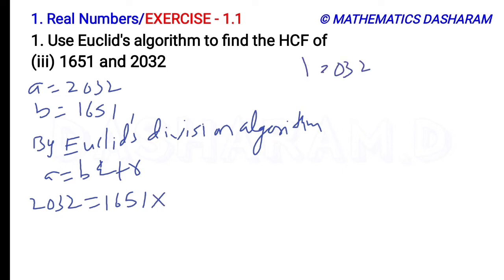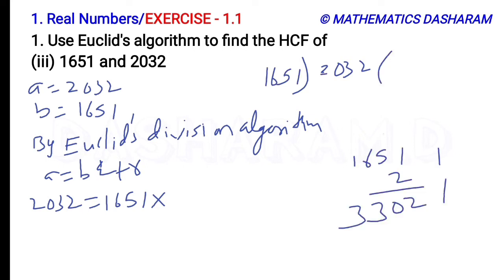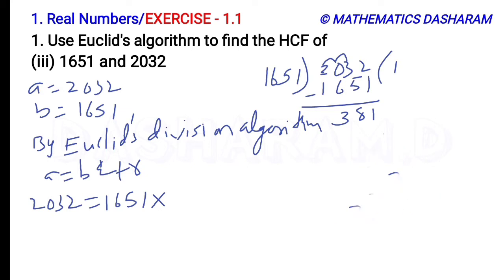Here 2032, 1651. 1651 twos are 3302, but here 2032 is there, so take 1651. Now the remainder: 2 minus 1 is 1, 13 minus 5 is 8, and 9 minus 6 is 3. So 1 is the quotient, remainder is 381.